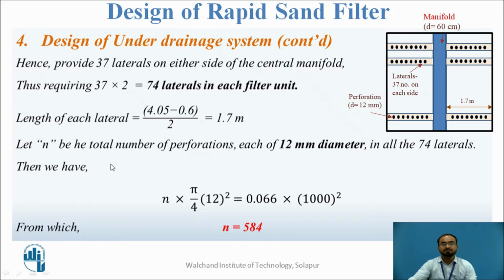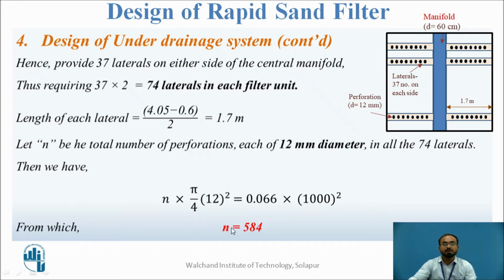Let n be the total number of perforations, each of 12 mm diameter, in all 74 laterals. How can I calculate the number of perforations? I will use n multiplied by pi by 4 d square, that is 12 square, equal to 0.066 multiplied by 1000 square. Here I am converting meters to mm, and multiplying by another 1000 because of the square.